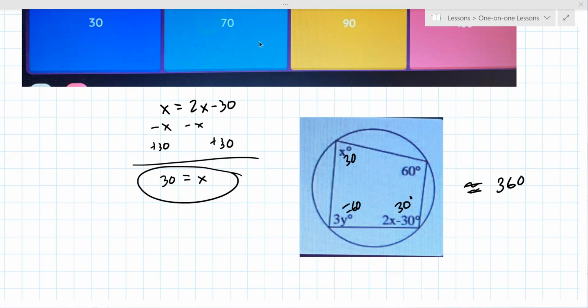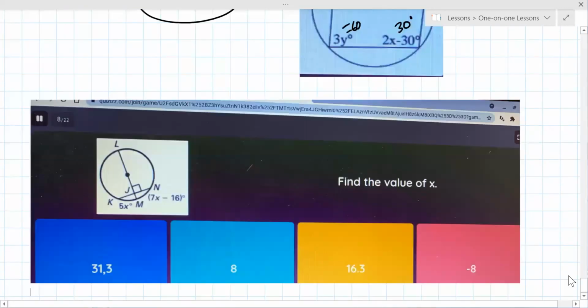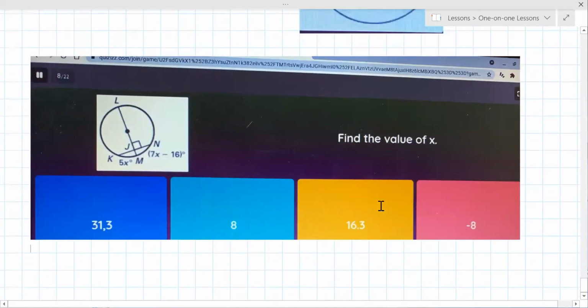Okay, let's look at question 8. That's the next one I'm seeing here. Find the value of x here again. So these are congruent again.